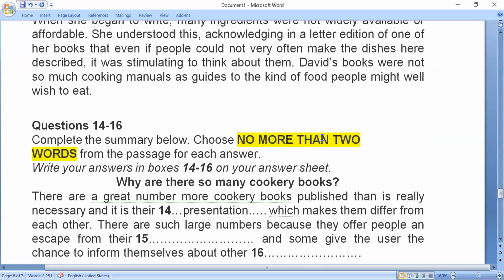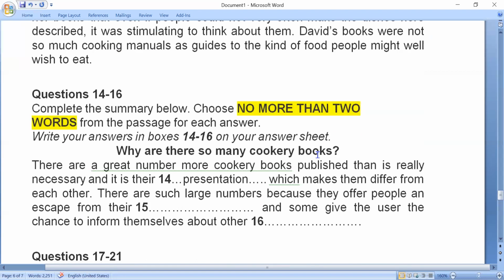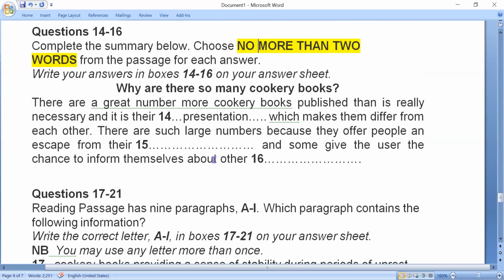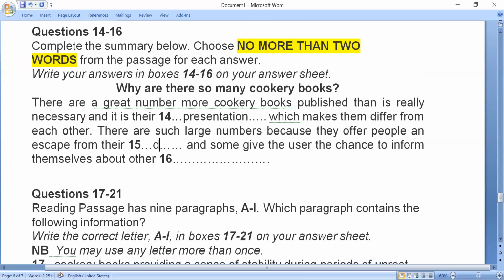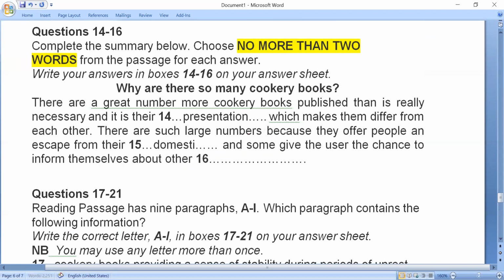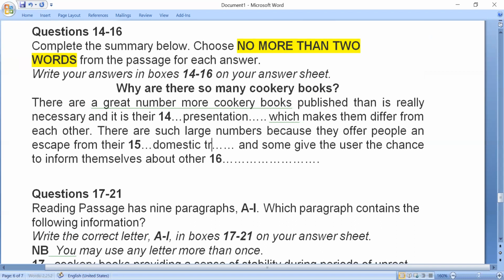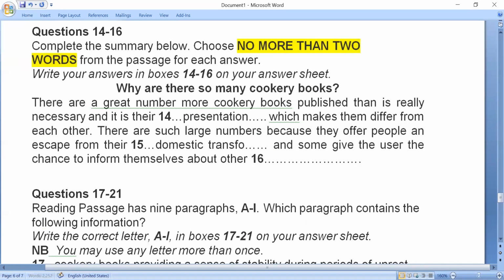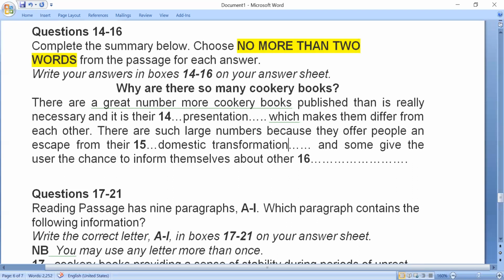One word and a number means you can write one word and a number, not one word, whether there will be a word or a number. So we have got the answer: domestic transformation. Are you understanding? Domestic transformation.